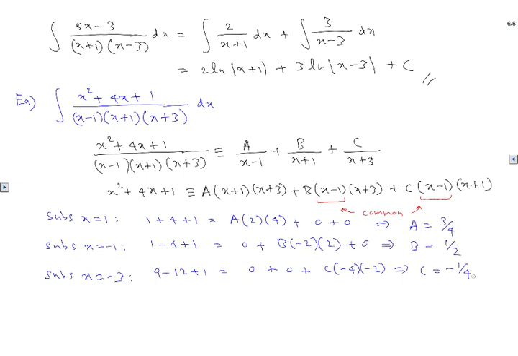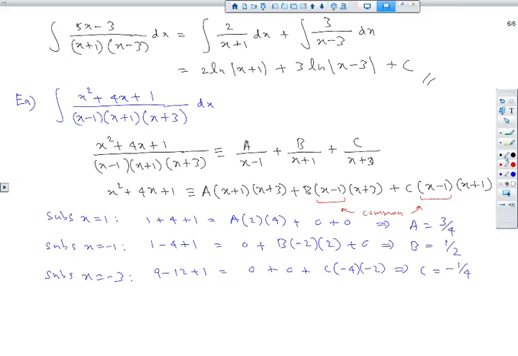Okay, so we find all the terms. Now we can finish the integral. Let's see how the rest of the work goes.